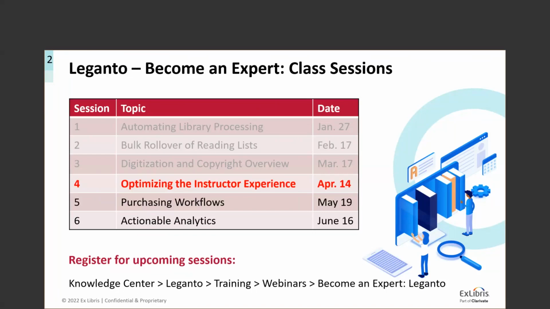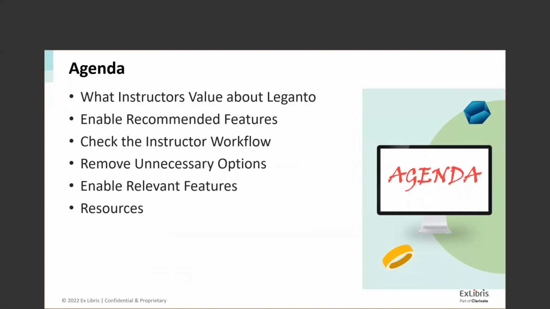Today's session, this is our agenda that we'll be covering. We've done some research to find out what instructors really value about Leganto, and so I'm going to report on that research to you because it's going to clarify why we make certain recommendations through the rest of the session. Then we'll look at how you enable some recommended features, how to check the instructor workflow and make sure everything applies to your institution's situation.